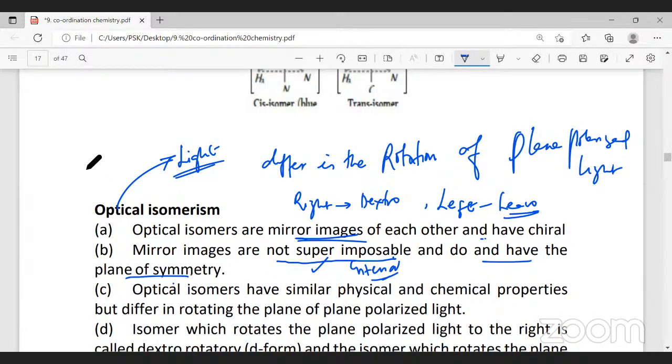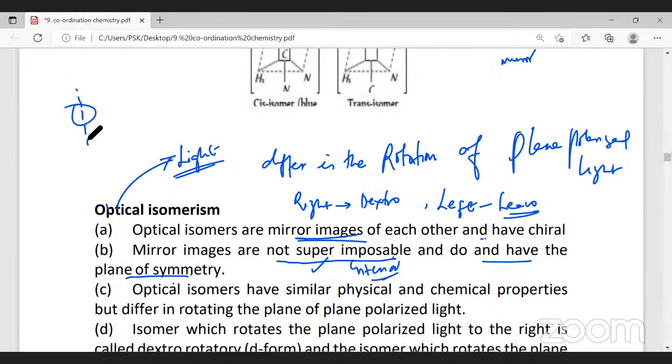What is this plane of symmetry? If I draw a sphere here, and an imaginary line cuts the sphere into two equal halves, that is called the plane of symmetry. An imaginary line which divides the compound into two equal halves is called the plane of symmetry.